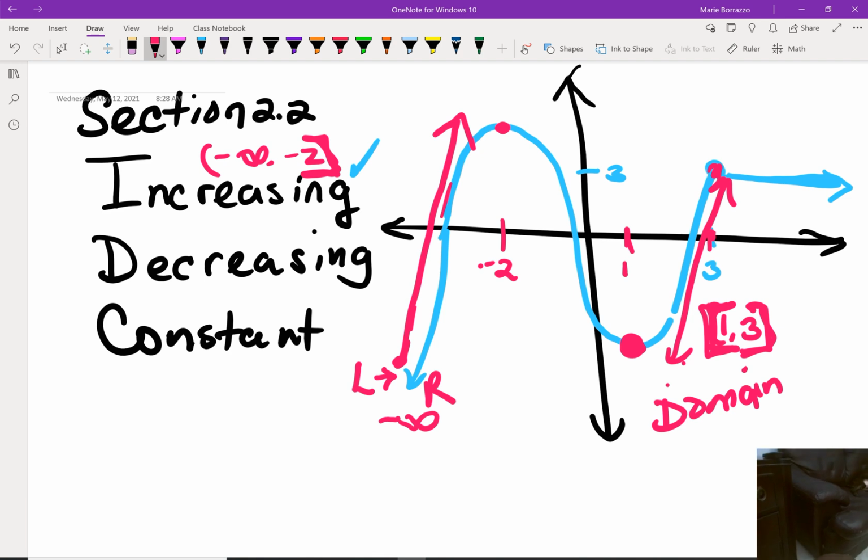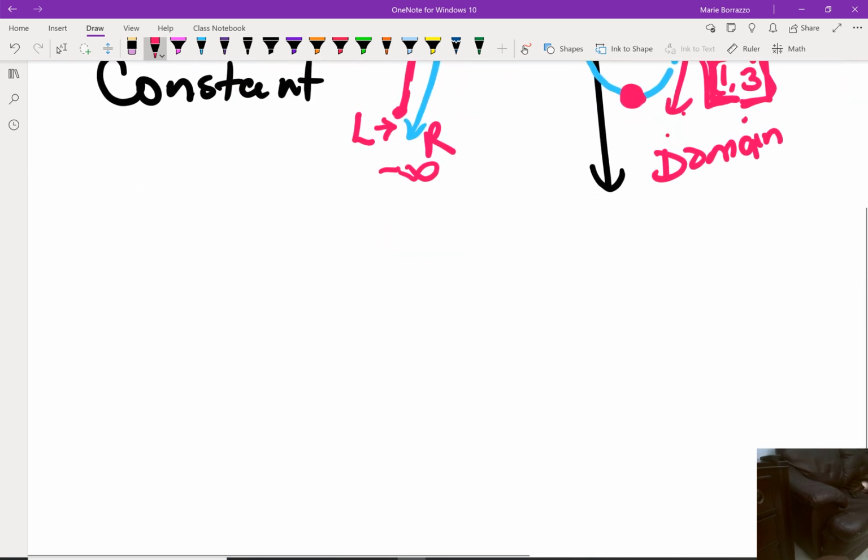By definition, what I want you to understand is when you look at the definition of what an increasing function is, we say that f of x1 is less than f of x2. Let me show you that in a different notation with a different diagram.